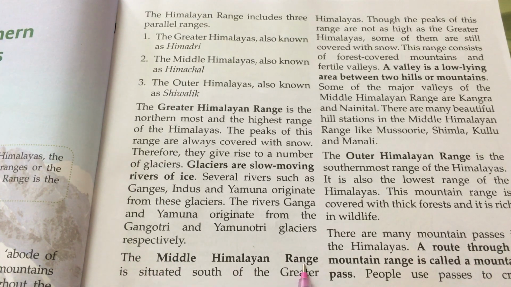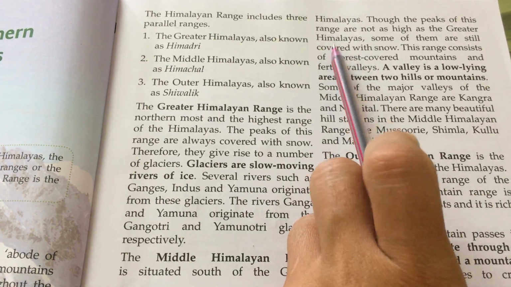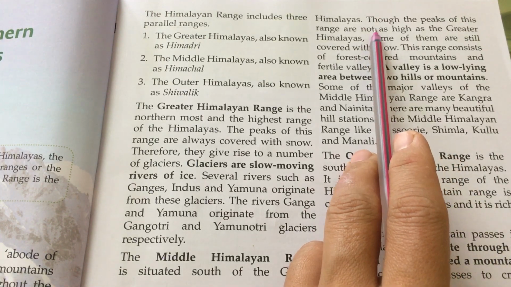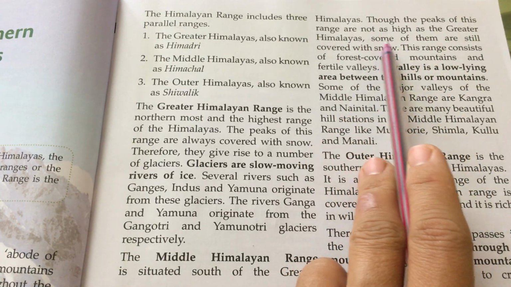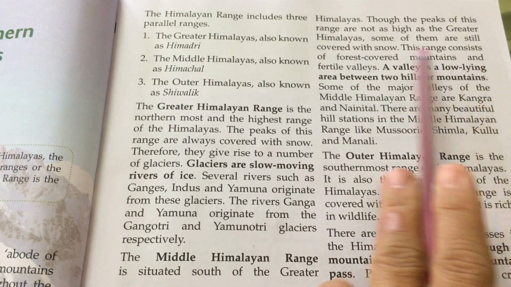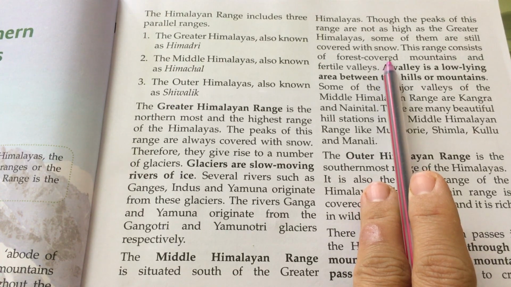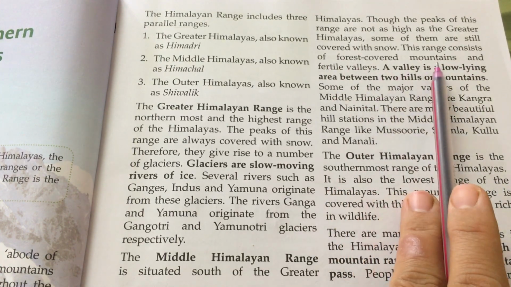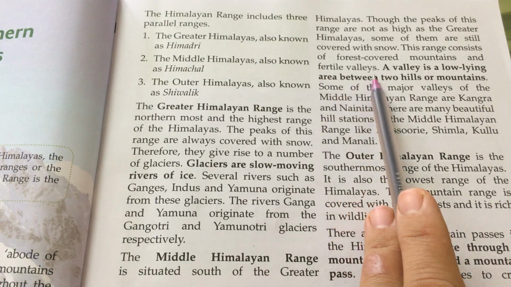The Middle Himalayan range is situated south of the Greater Himalayas. Though the peaks of this range are not as high as the Greater Himalayas, some of them are still covered with snow. This range consists of forest-covered mountains and fertile valleys.